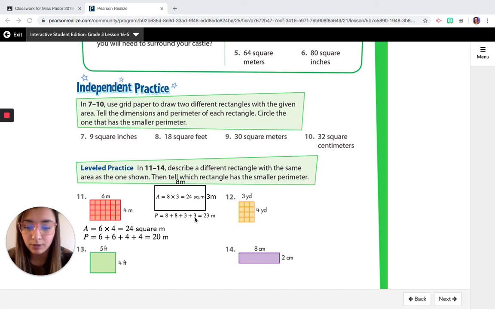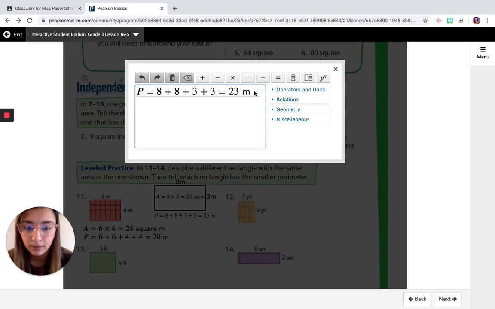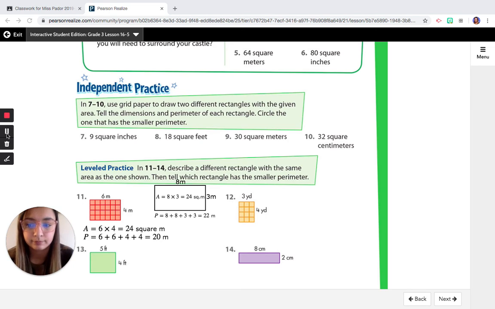Plus 3, 20, 21, 22. Uh-oh. Let's fix this. Oh boy, hold on. All right, hopefully we've got it all fixed. Just trying my best over here. Everybody makes mistakes. My perimeter of my second shape is now 22 meters.